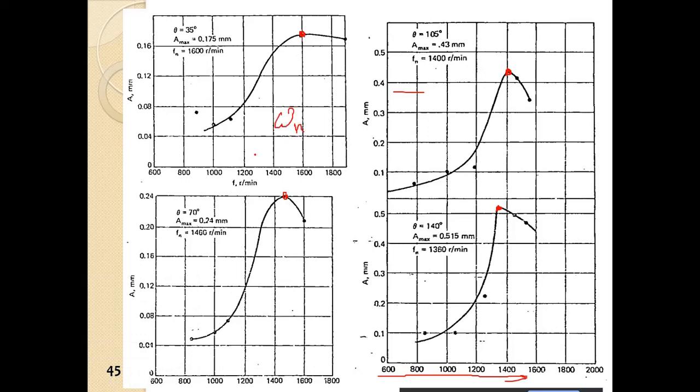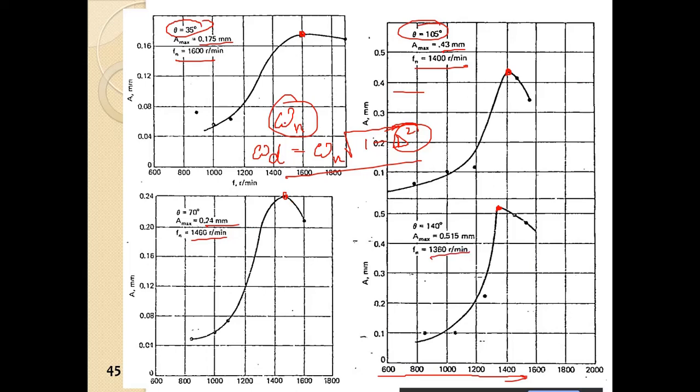Or basically it will give the damped natural frequency. So omega d is equal to omega n into root over 1 minus d square. But we can neglect this and consider it to be the natural frequency. We have the eccentricity of the mass defined, we have the frequency of operation, and we have the maximum amplitude.